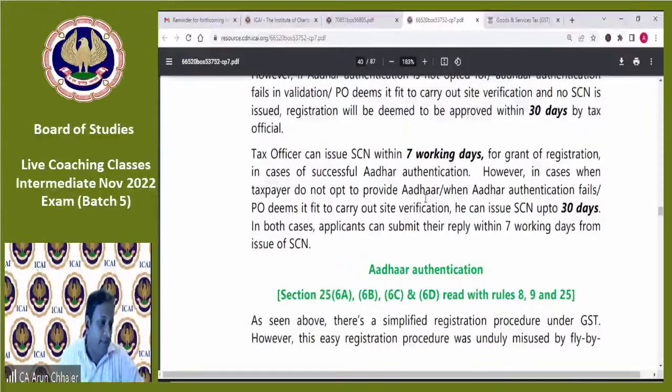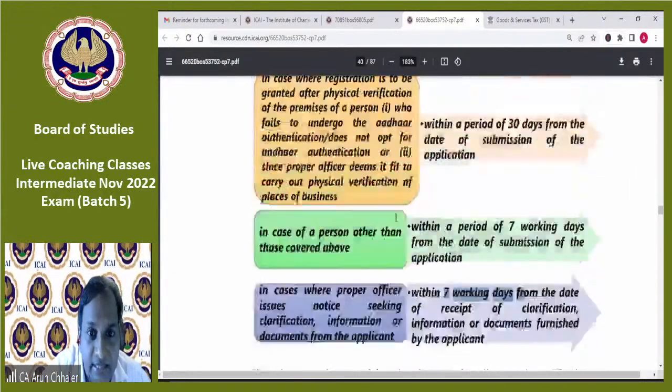Question number 3. In section 23, page 7.19.